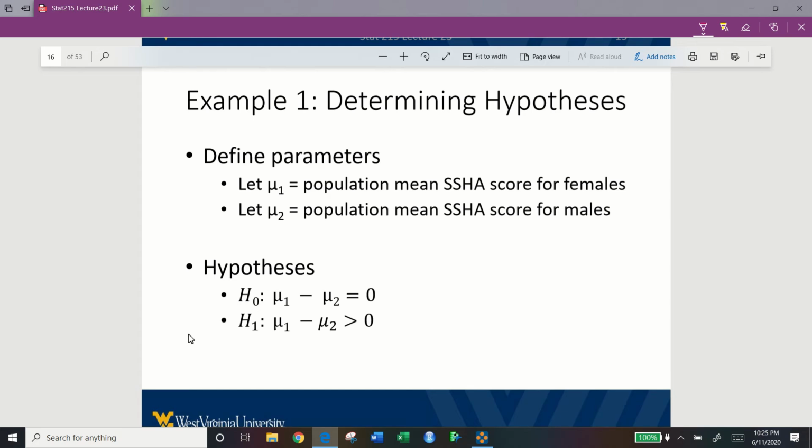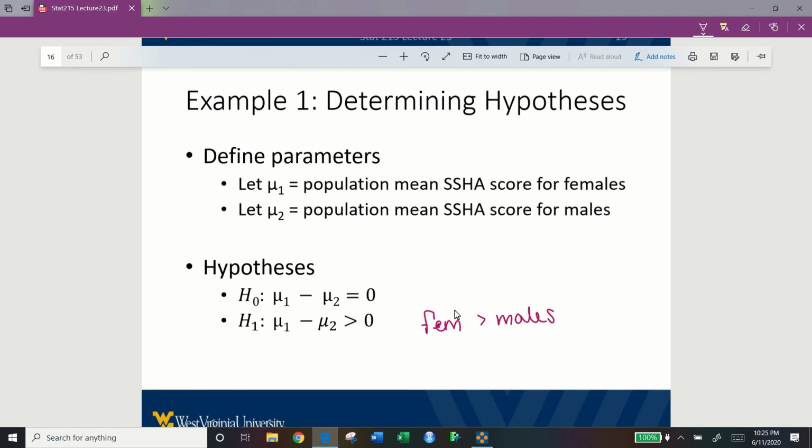Now, to think about this logically, because you may be wondering, where is that greater than coming from? Or how do we know for sure it's greater than? Well, we let our mu1 be females and our mu2 be males. In the problem, it said it wanted to test if the females were greater than the males.